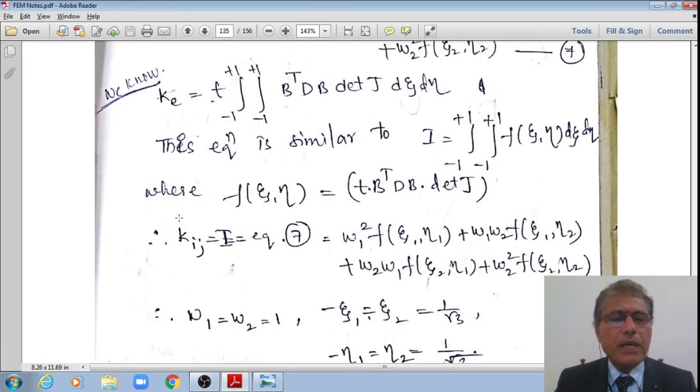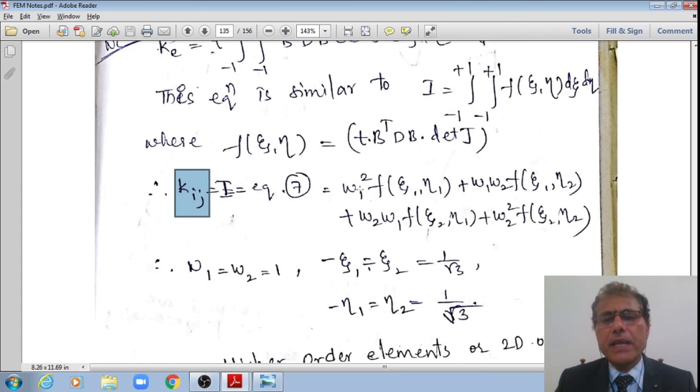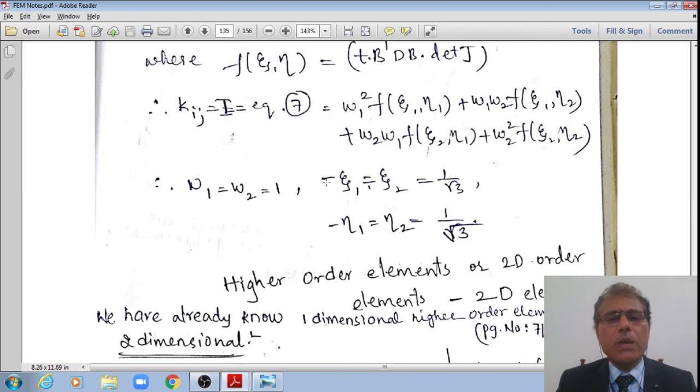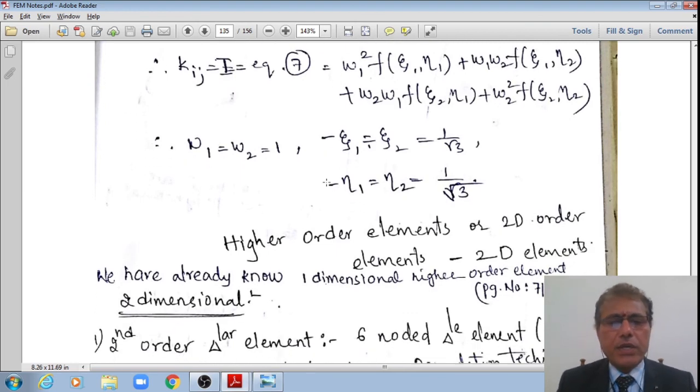Then I can evaluate the coefficients of the stiffness k_ij, meaning k11, k12 up to k1n, and so on and so forth up to knn, using this numerical integration as w1 square f of xi1 eta1, w1 w2 f of xi1 eta2, w2 w1 f of xi2 eta1, w2 square f of xi2 eta2, right? That is how it will give it without doing actual integration.